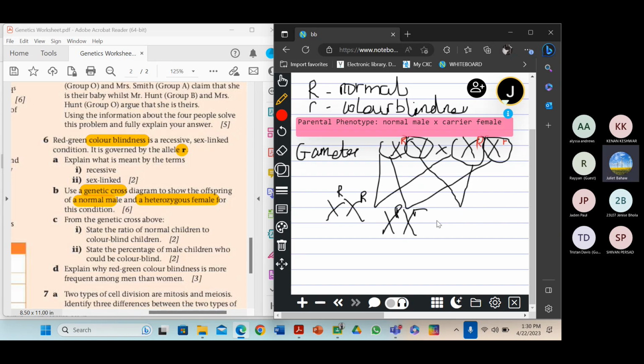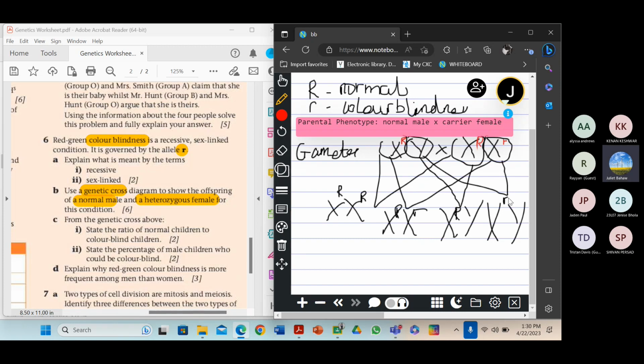Now, some children, when in exam mode and under that pressure, will put the Y in front of the X. And that is not how you write a sex chromosome. Always X in front of the Y. So we have big R, put it on the X, and then we multiply the last one, X, Y, you put your small r on the X. Okay, you can't really see that.